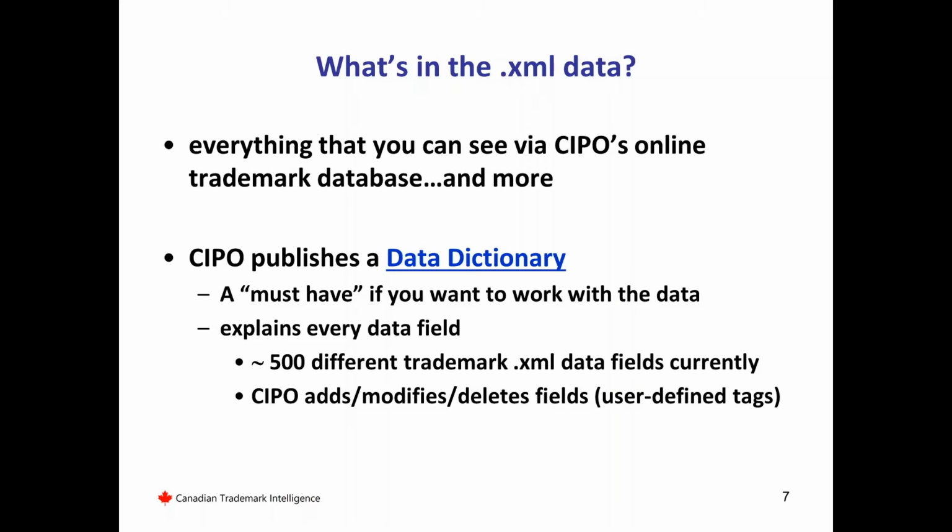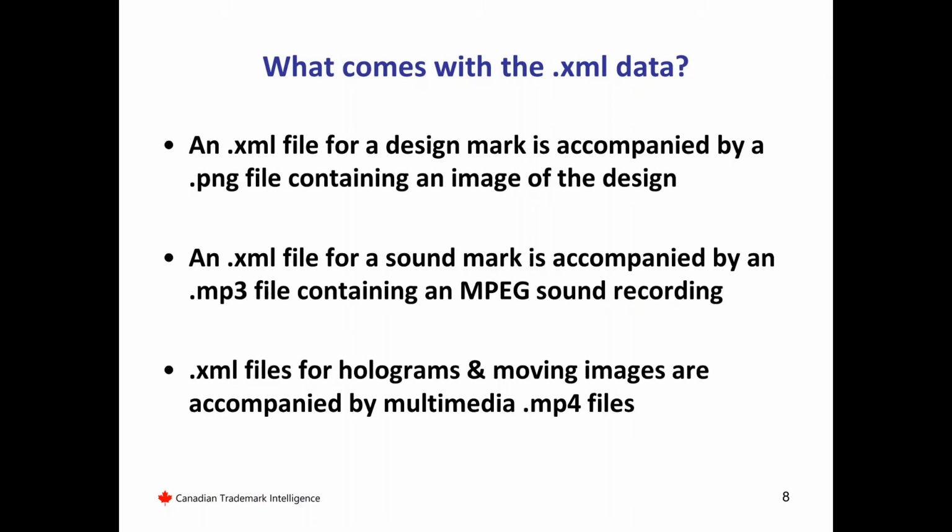For example, when the June 29, 2019 amendments to the Trademarks Act and regulations went into force, CIPO issued an update to the data dictionary to add some new XML fields, modify certain others, and delete some which had become redundant.